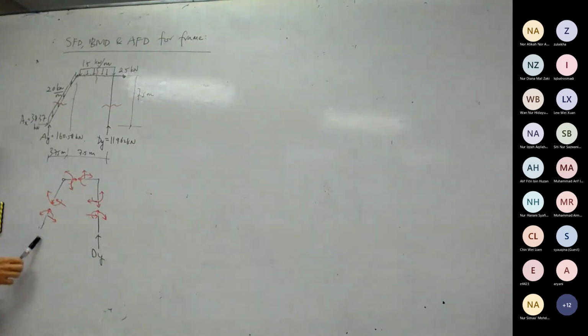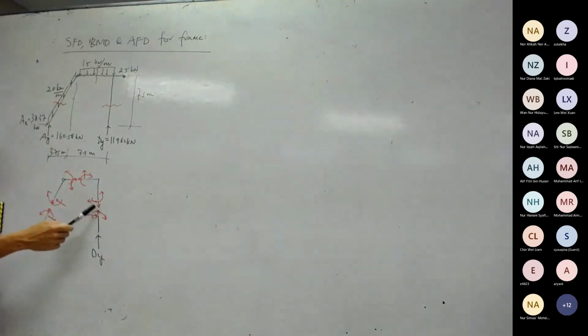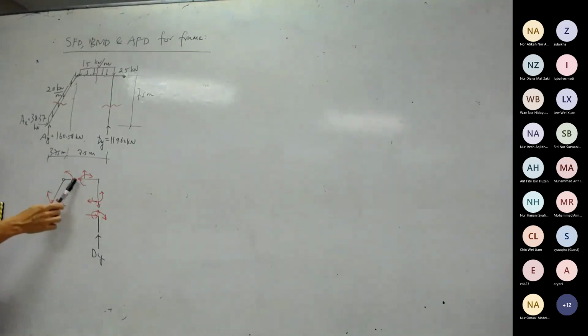If you do not calculate the reaction forces AY and AX, because you just need the reaction force DY, you can already calculate all the axial force, shear force, and bending moment, but the calculation will be a bit more lengthy.